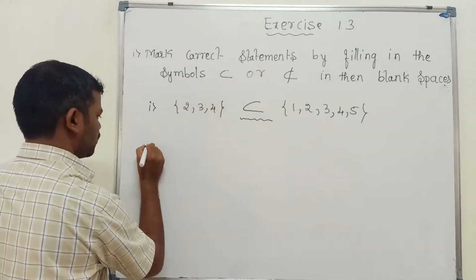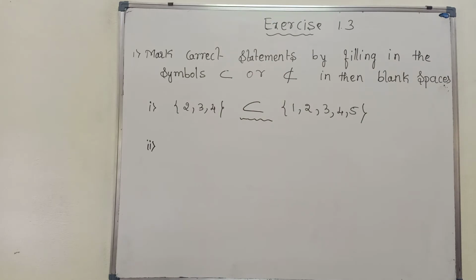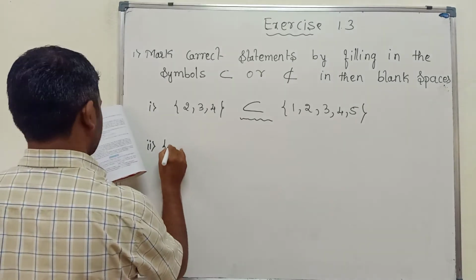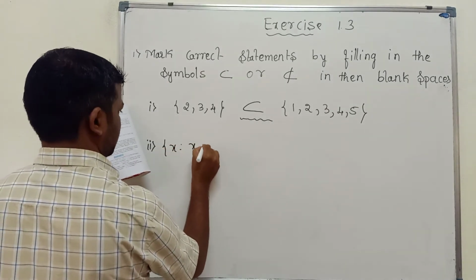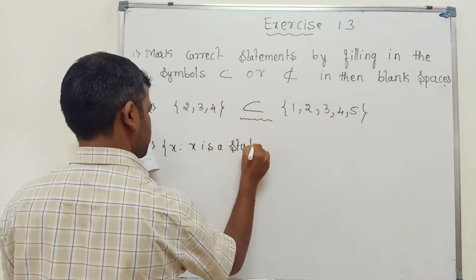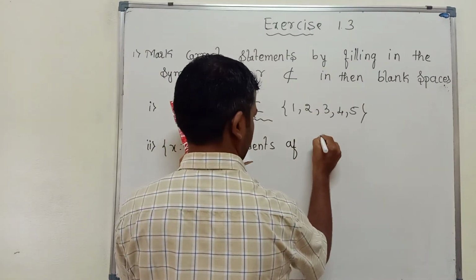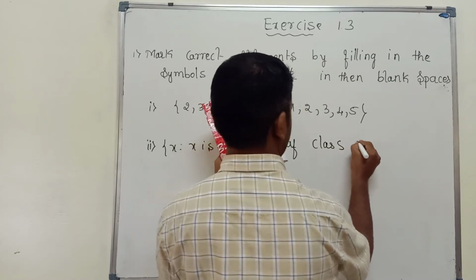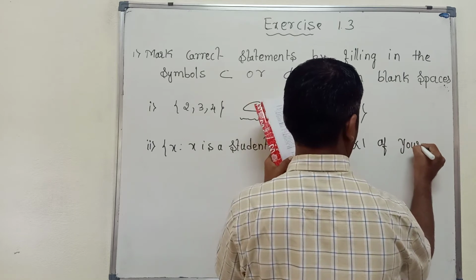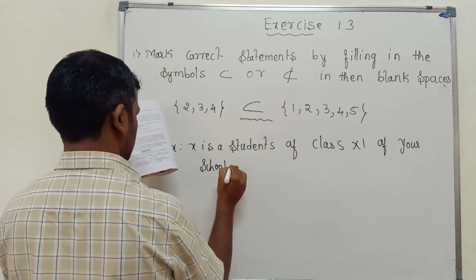Next, for the second question, in set builder form: x such that x is a student of class 11 of our school.